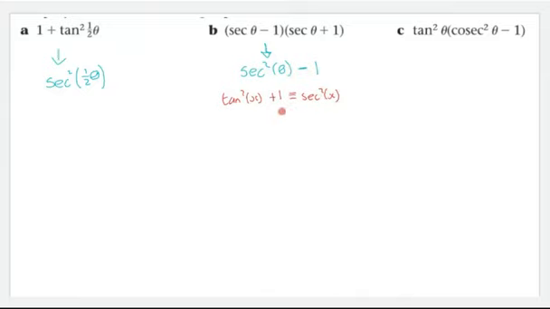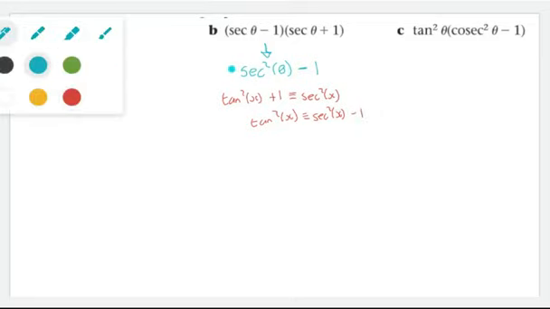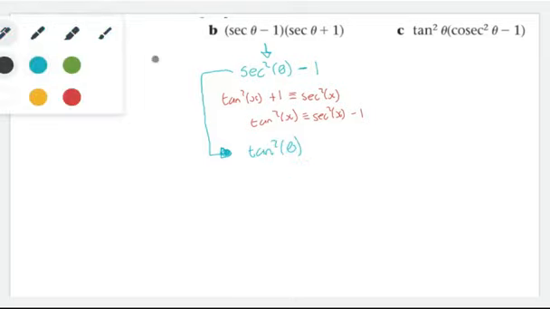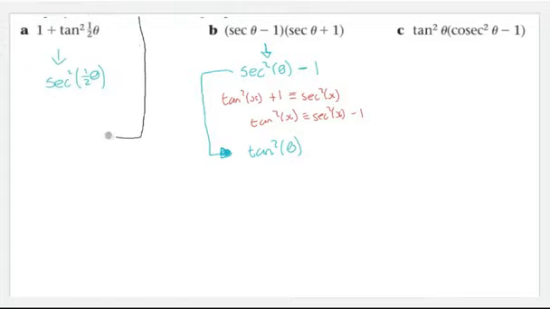So if I take away 1 from both sides, I'm left with tan squared x is identical to sec squared x minus 1. So similarly, we can take this blue one and say that this is just simply equal to tan squared theta. The whole point of this is just to get you familiar with the identities. So I am going to be walking through these things with you.